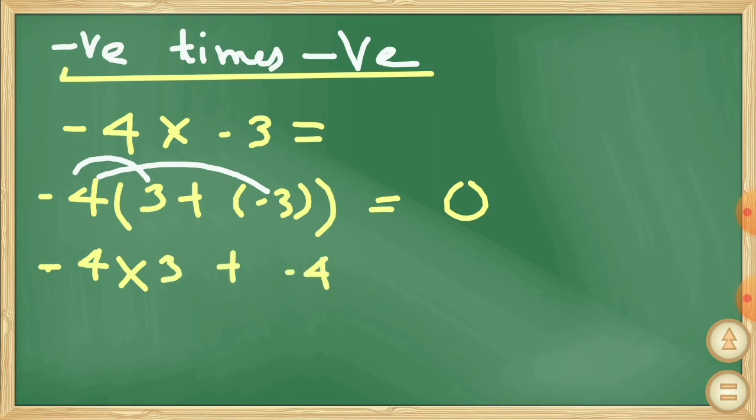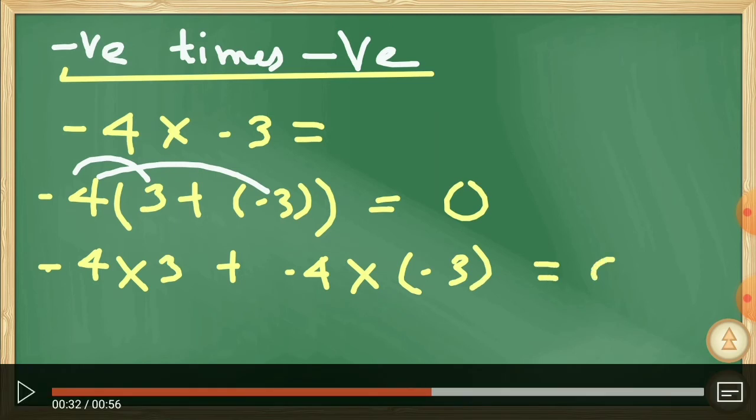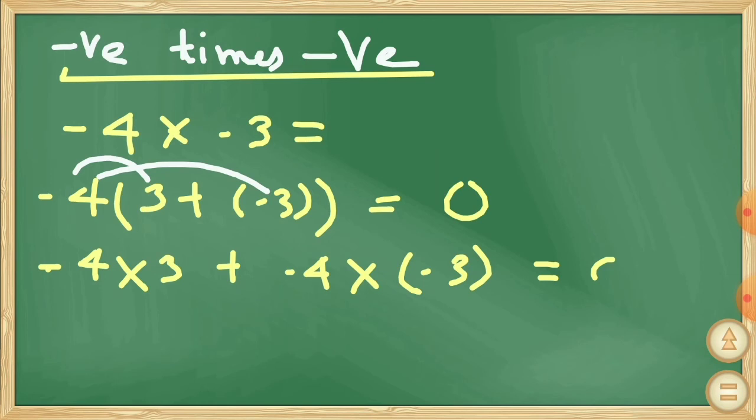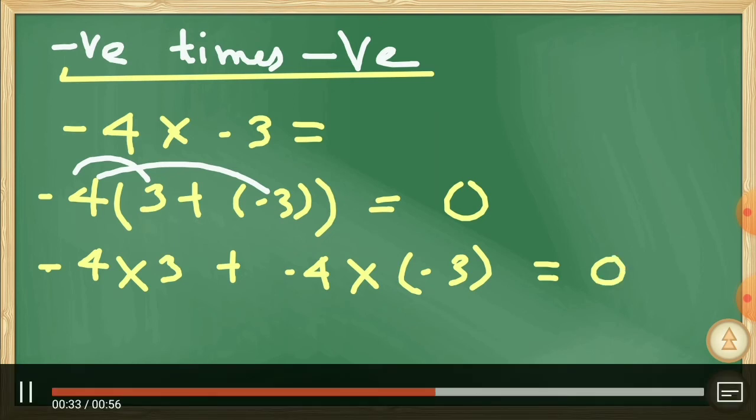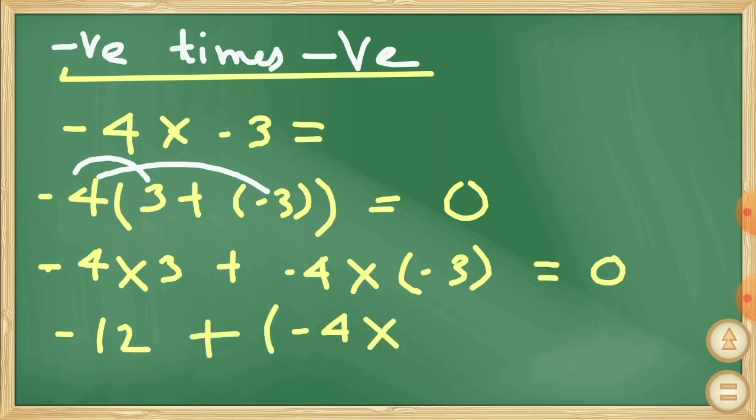If the distributive property holds true, that means if we distribute minus 4 to 3 and again to minus 3, then that becomes minus 4 into 3 plus minus 4 into minus 3, and that should also be equal to 0. So that is 0, and minus 4 into 3 is, as we know, minus 12.